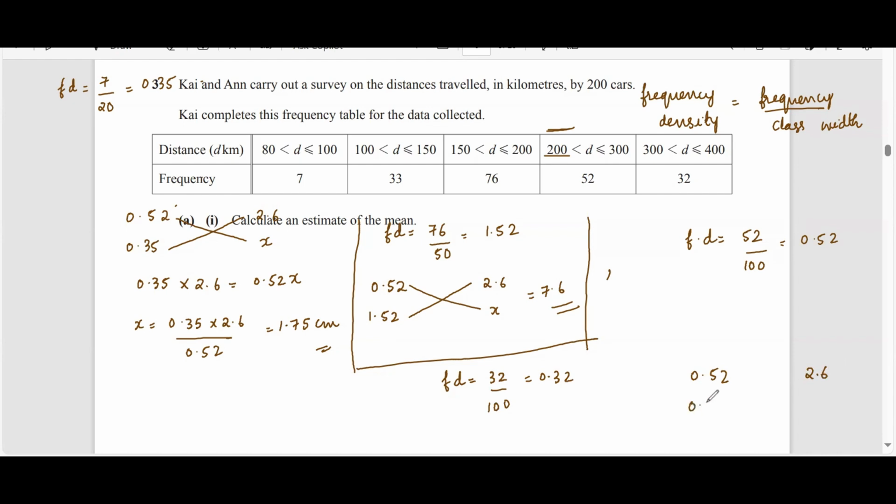So 0.32 will represent how much? Again, you cross multiply. 0.32 multiplied by 2.6 divided by 0.52. You'll get it as 1.6. So this will be 1.6 centimeter. So we got the corresponding heights of the class intervals in the histogram.